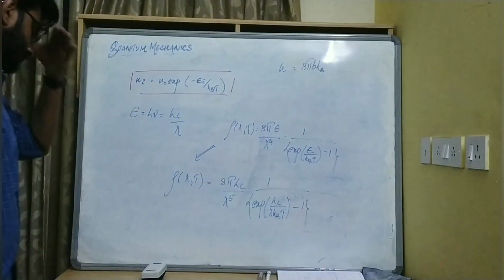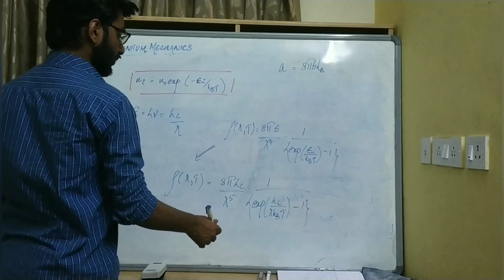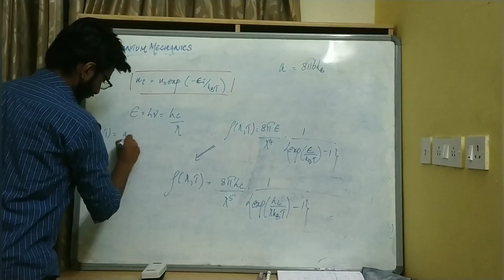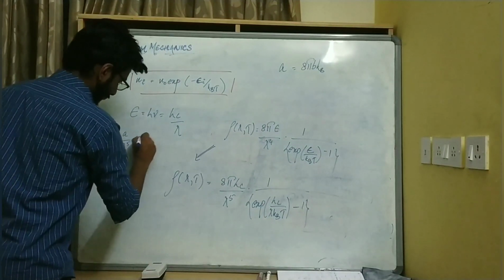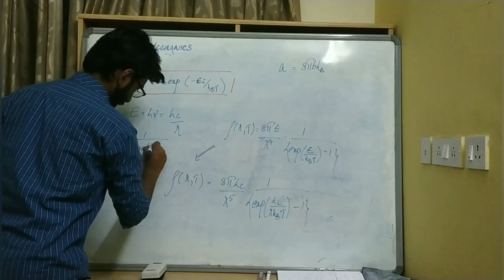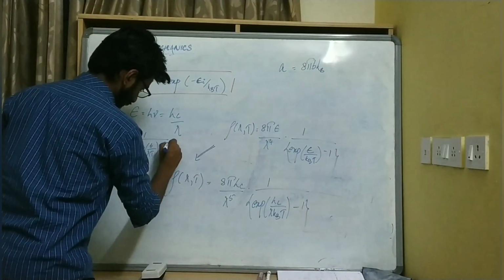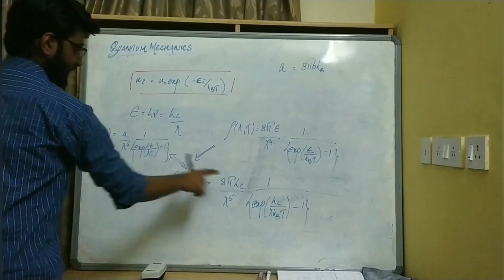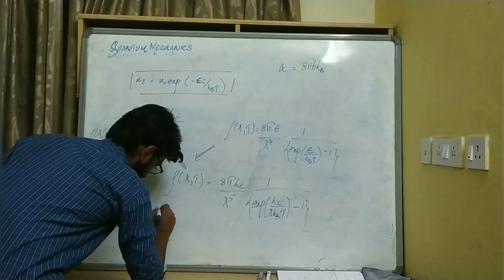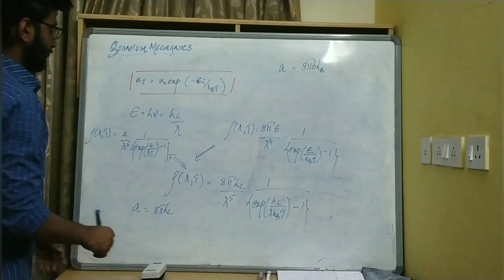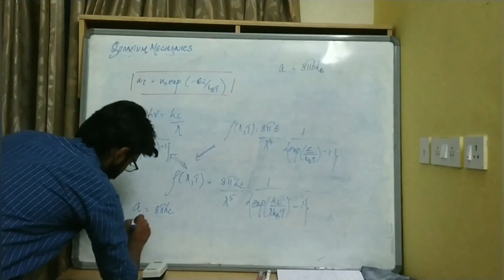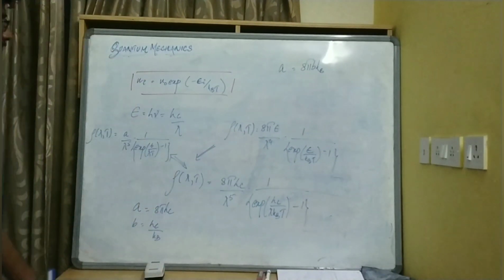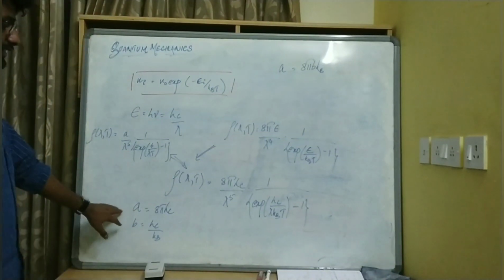So this is the expression, and if you again compare it with the generalized expression of rho lambda T as A by lambda to the power 5 times 1 by exponential of B by lambda T minus 1, comparing these two, you will get A is equal to 8 pi hc, which is a constant, and B is equal to hc by kB. Okay, so you got the two constants as well.